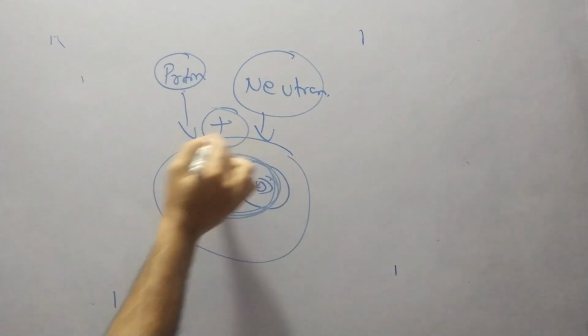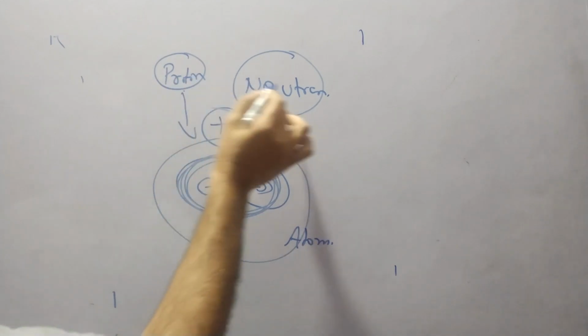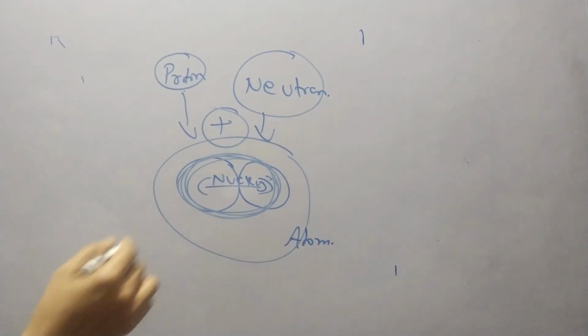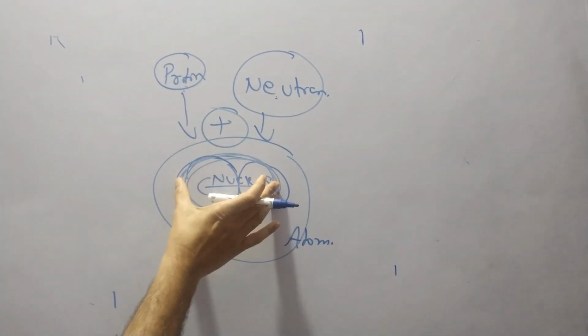In an atom, protons and neutrons are there. Now here we combine proton and neutron in a nucleus.